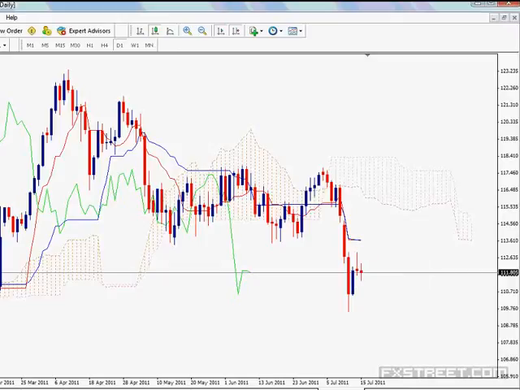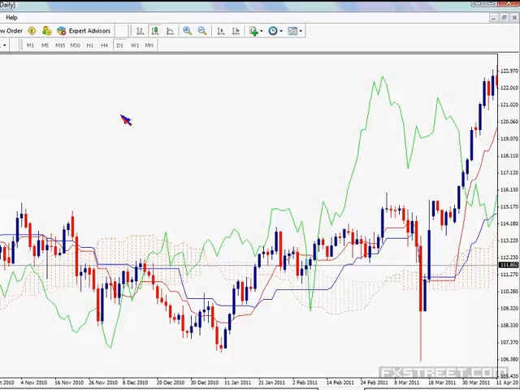Also, the crosses in between the blue and the red line. Okay, let's go for one a bit more clear, right? The crosses in between the blue and the red line tend to be bullish or selling signals. A bullish signal usually takes place when the red line crosses the blue one from below.